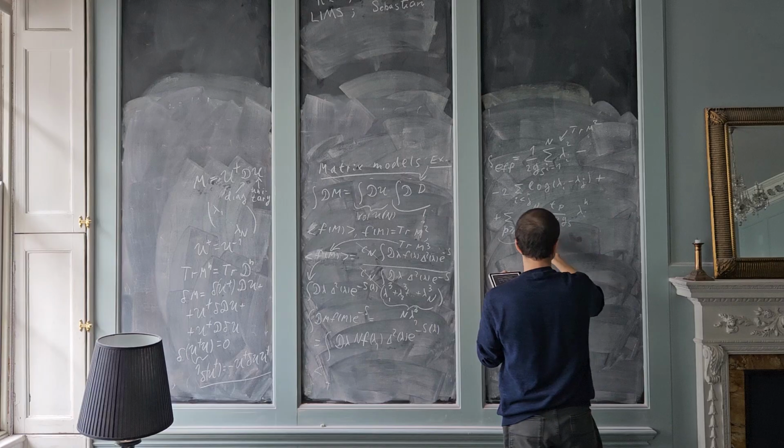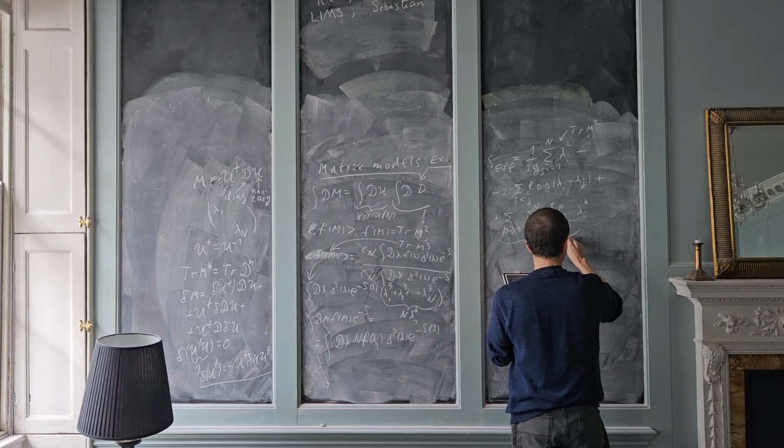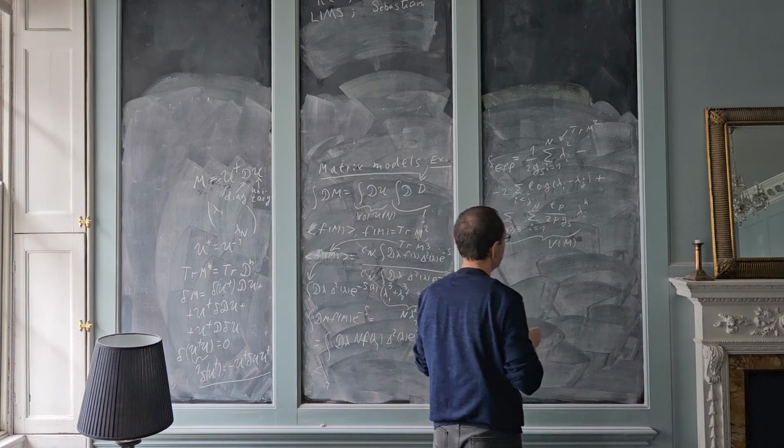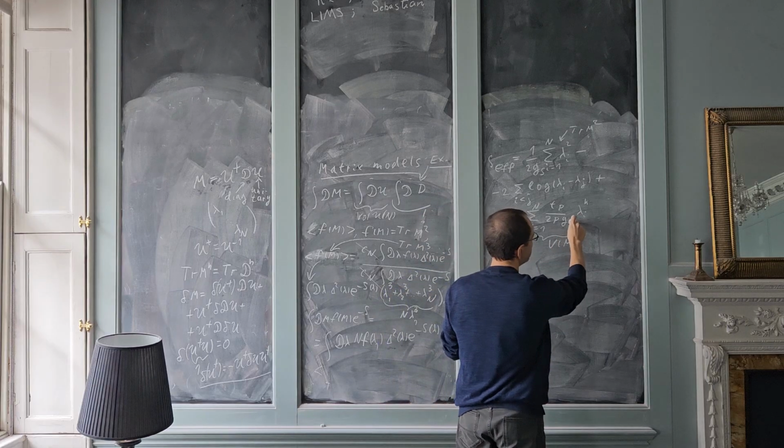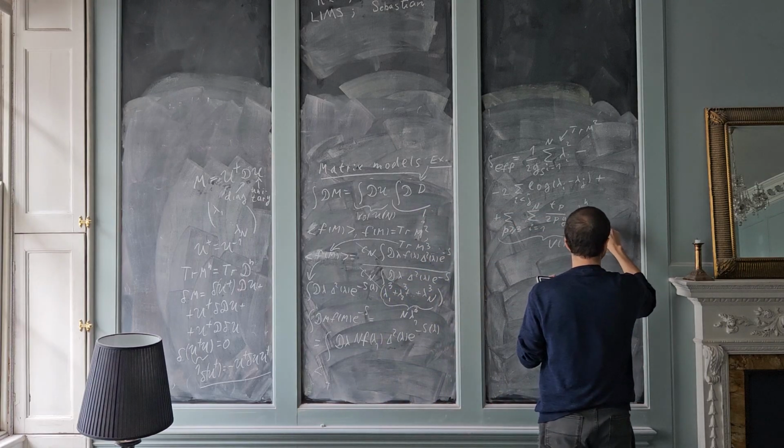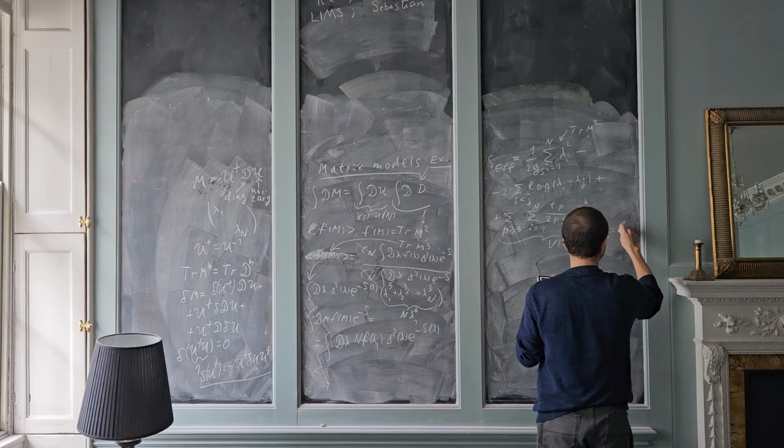So this is our potential V of M. Remember, g_s is here only for pedagogical purposes. Actually, you can set g_s equal to 1 over N.